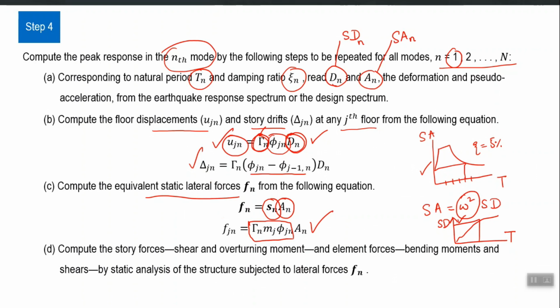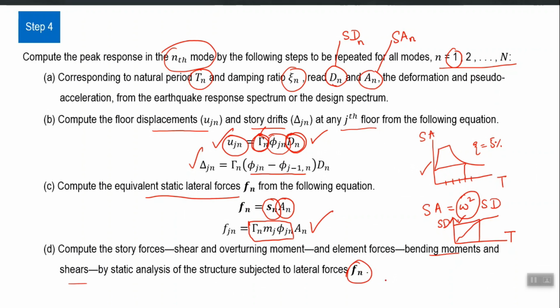So you apply those Fjn, or force at each story, for any nth mode and compute all the responses, whether they are story level or local element level. Any element force, bending moment, shear force, everything can be calculated by performing the static analysis of your structure against this Fn vector, right.